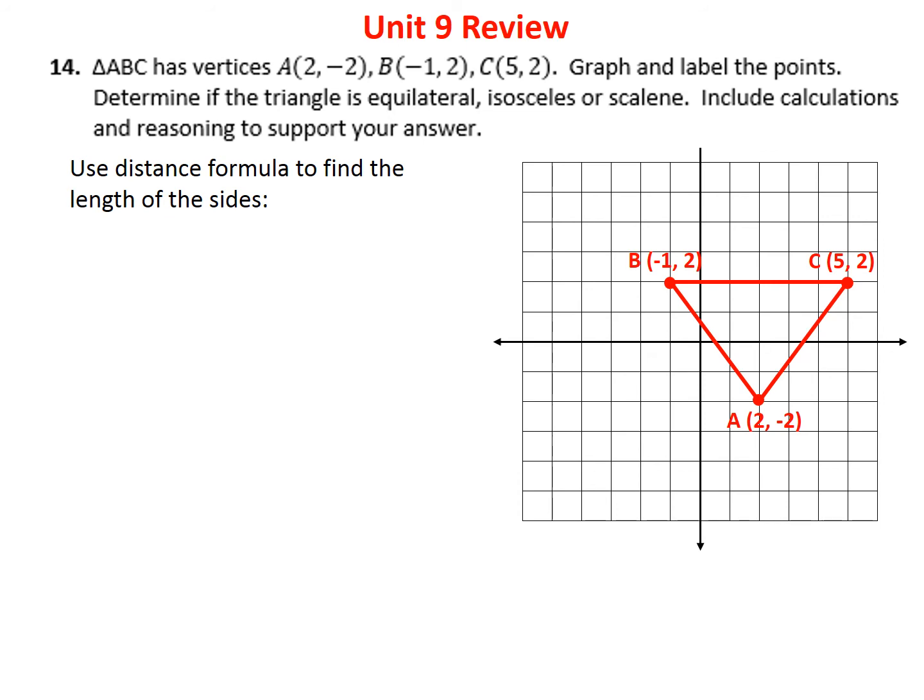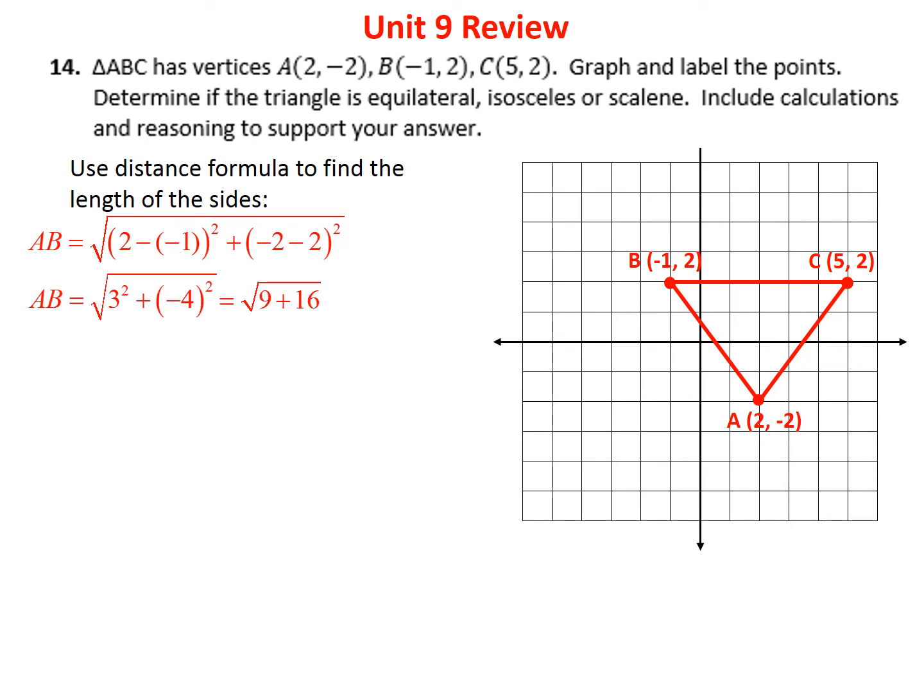So I'm going to use the distance formula, and notice for AB, my x value is 2 minus -1, and my y is -2 minus 2. So I end up with 3 squared plus -4 squared, or the square root of 25, which is 5. So that length is 5.